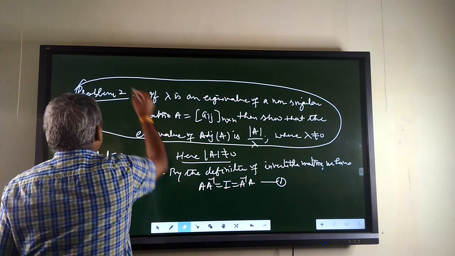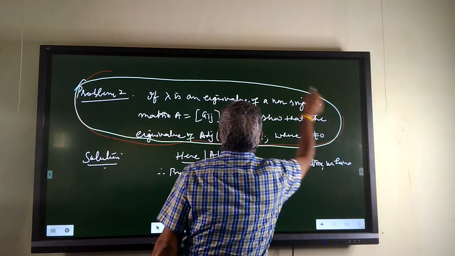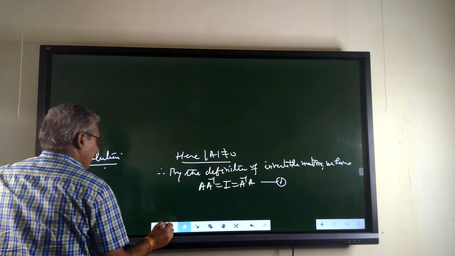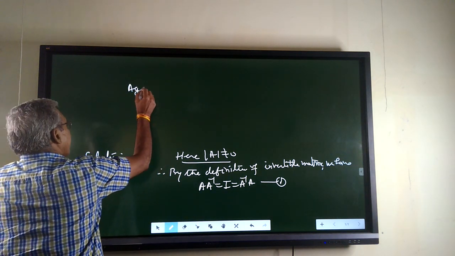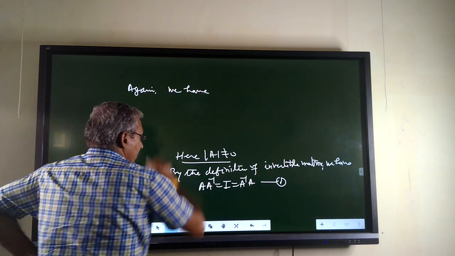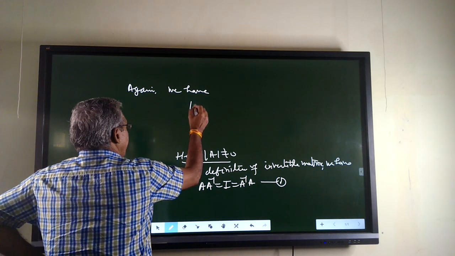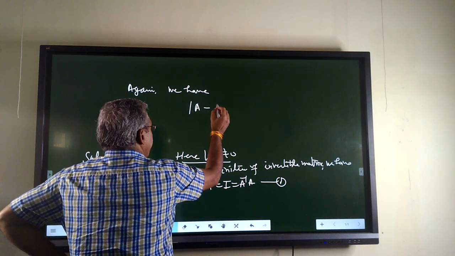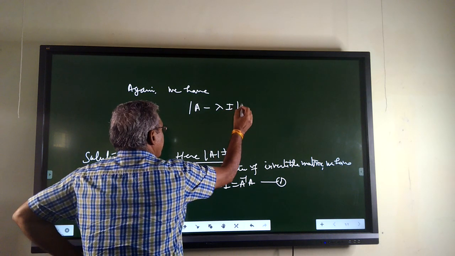Again we have determinant of A minus lambda I equals to 0.